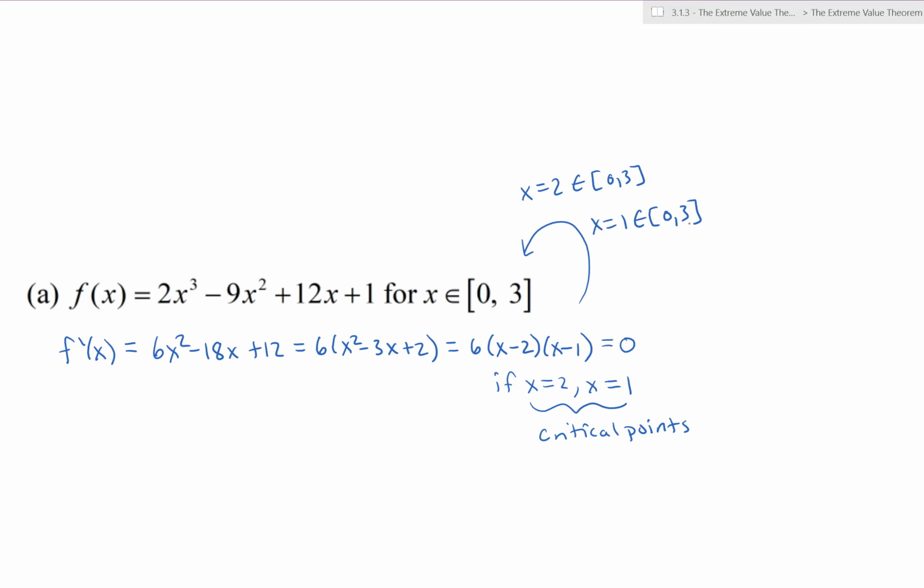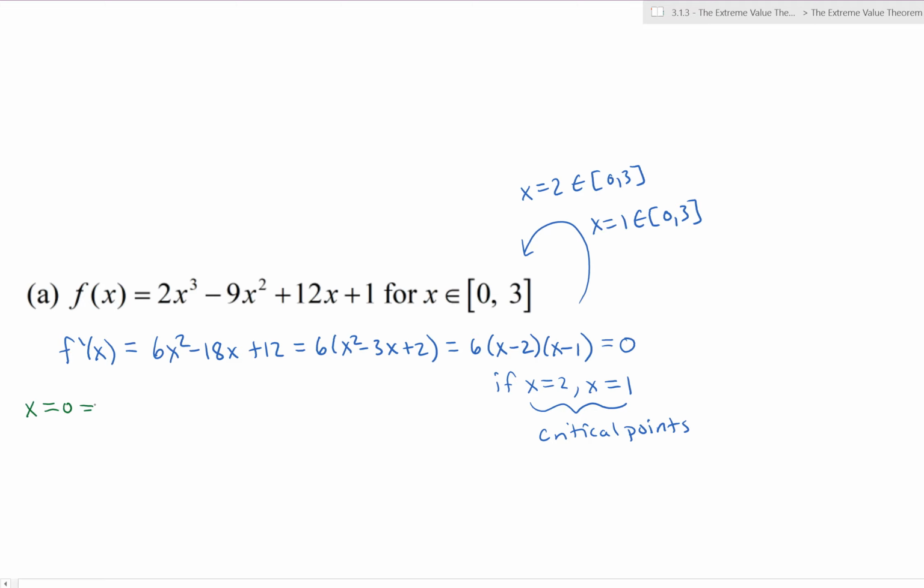So you want to verify that just to make sure we're looking at the correct locations. So we got 4 points to evaluate. The goal is to find the absolute extrema for this function on this interval, and they're either going to occur at one of these critical points or at the endpoints according to, of course, the extreme value theorem that we just stated. So we'll just go through these.